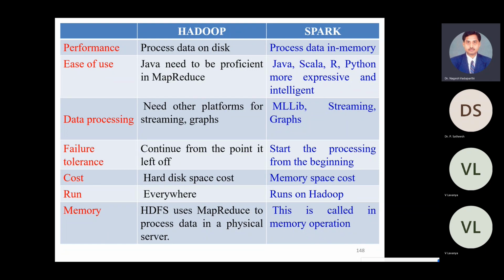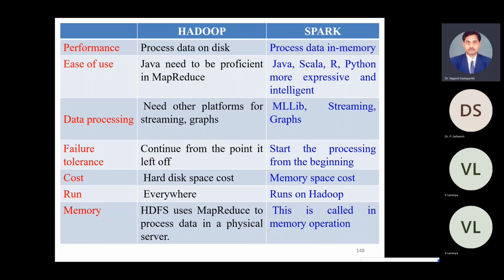The third one is data processing. In Hadoop, data processing needs other platforms for streaming and graphs. That means we cannot process streaming data at a time. Streaming data is nothing but the flow of data between server to server, system to server, server to system, system to system. That is called data processing.